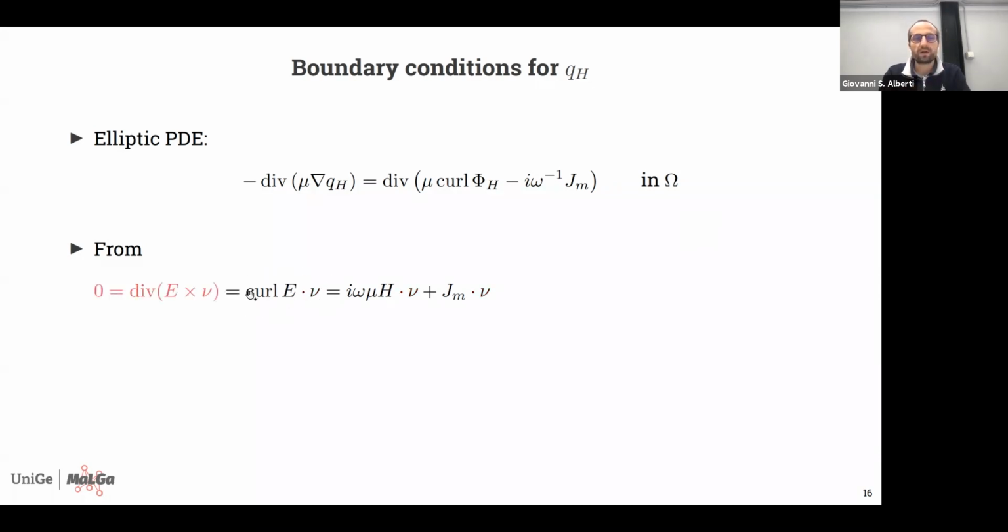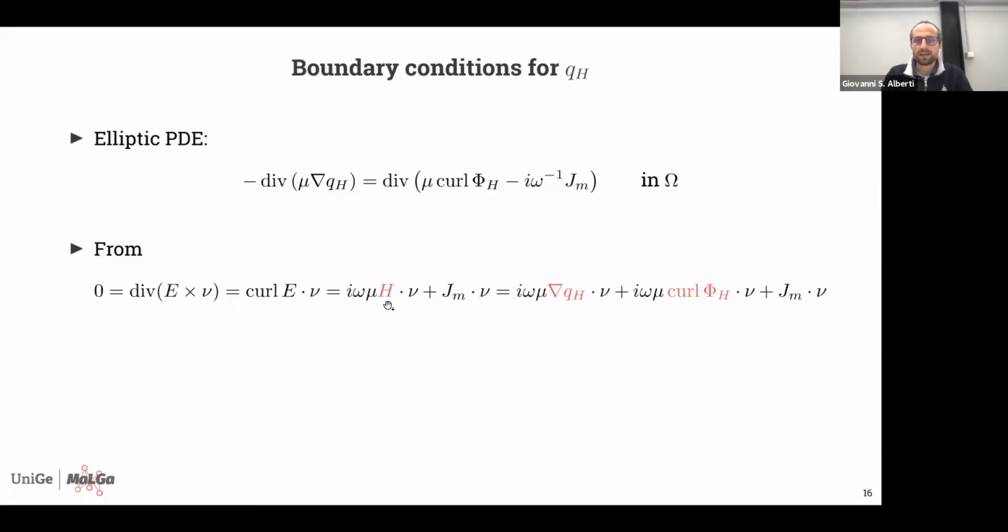I write the curl of E dot nu as the divergence of the tangential component of E. This is an easy vector identity. And this is 0 because E cross nu was 0 by assumption. So the boundary condition I put on Maxwell's equation was exactly the tangential component of E being 0 on the boundary. This is the so-called Dirichlet condition on E. Right, this gives me 0.